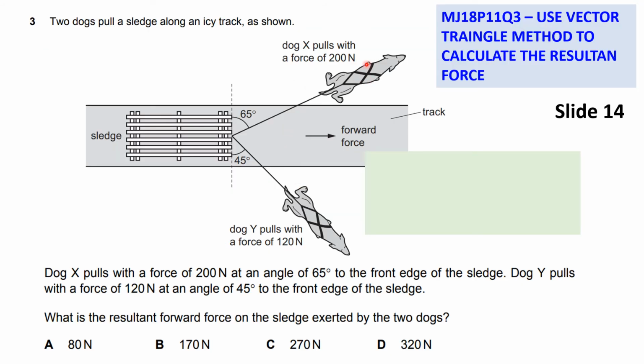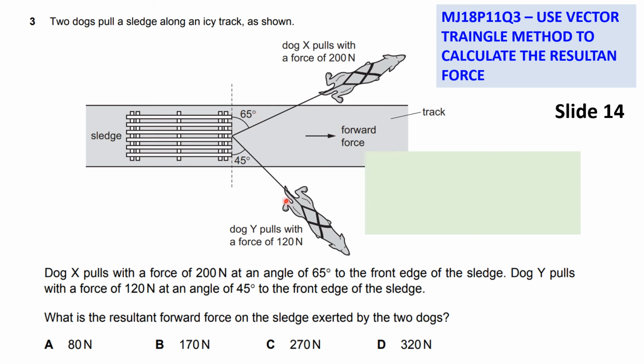Another question using the vector triangle method to calculate the resultant force. Two dogs pull a sledge along an ice track as shown. Dog X pulls with a force of 200 newtons at an angle of 65 degrees to the front edge of the sledge.